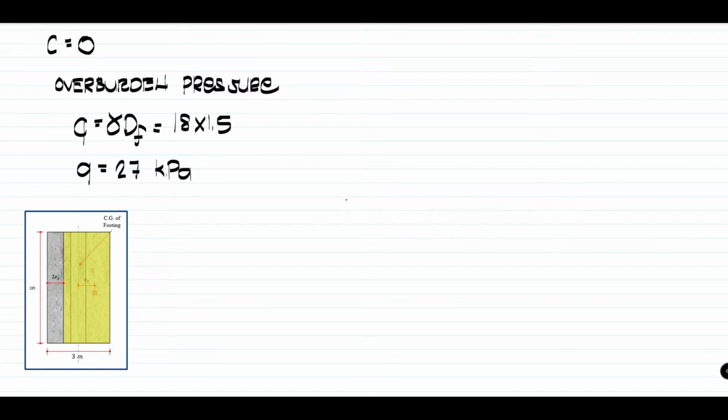Then, after getting the overburden pressure, kailangan natin yung value of the B prime for the third term ng equation. Ito na yung tinatawag natin na effective width.